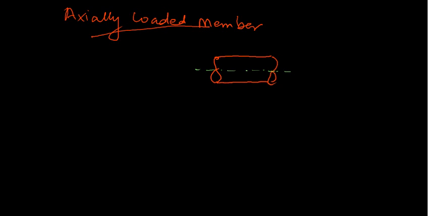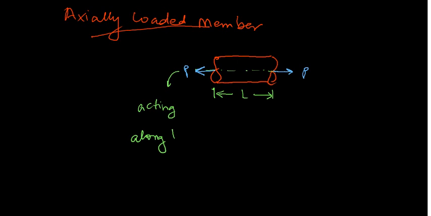Let's give the length of this section as L. Now if I apply a load along the axis of the shaft like this in both the directions, this load is P, then this becomes an axially loaded member, because the load is acting along the axis. Okay, great.